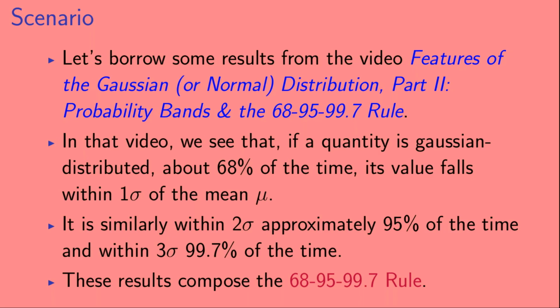It is similarly within 2 sigma approximately 95% of the time, and within 3 sigma about 99.7% of the time. These results compose the 68-95-99.7 rule.